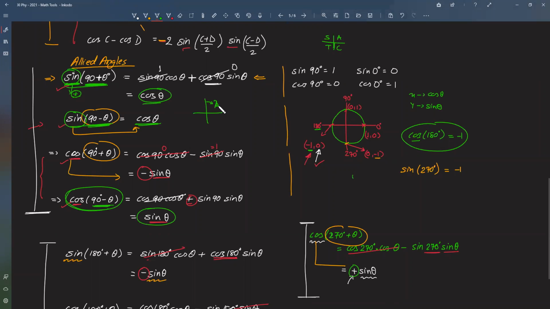This is positive. Sine of 180 plus theta. 180 plus theta means what? It is the third quadrant. In the third quadrant, tan is positive. I hope you understood this, right? 180 plus theta means you will come in this quadrant, the third quadrant, where tan is positive and everything else is negative. So even this sign will be negative.